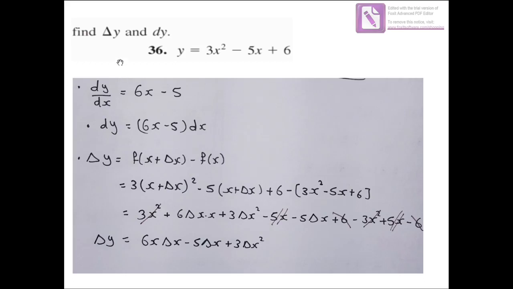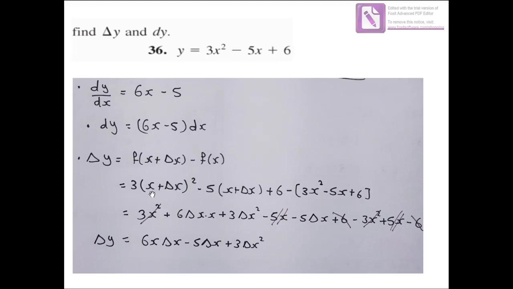Now to find delta y, we said that delta y is different than dy. So delta y is equal to f of x plus delta x minus f of x. We will go to the function y, we will replace any x by x plus delta x to evaluate what is f of x plus delta x, or y of x plus delta x, and then we subtract f of x, which is this function.